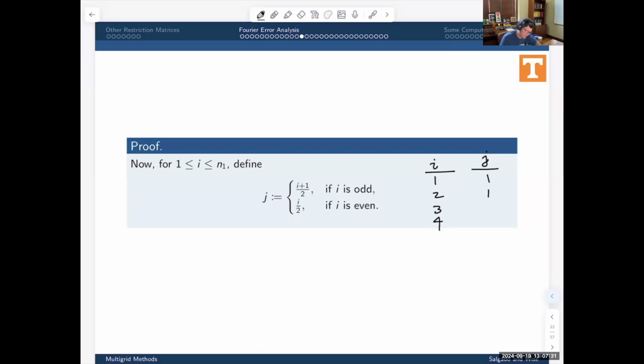That gives 4, divided by 2 gives 2, and so on. So this is not a one-to-one mapping, because 1 goes to 1 and 2 also goes to 1, and 3 goes to 2 and 4 goes to 2. But this is just a way of counting that's going to be useful for us momentarily. So just keep in mind that for these I values, I'm going to get out j values, which aren't necessarily unique.